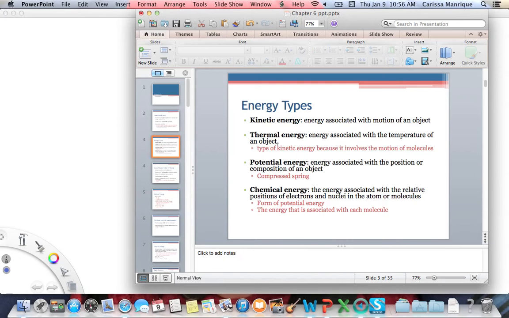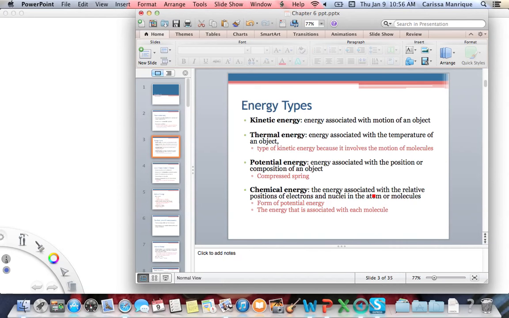There's potential energy, which is the energy something potentially could have. I use the example of a compressed spring. If you compress a spring down, think about how much energy could be released if you let go of the spring. A lot. So potential energy is converted into kinetic energy. Chemical energy is the energy associated with the relative positions of electrons and nuclei in an atom.